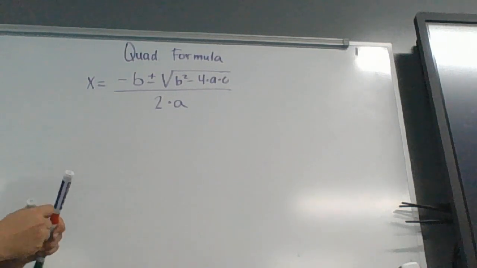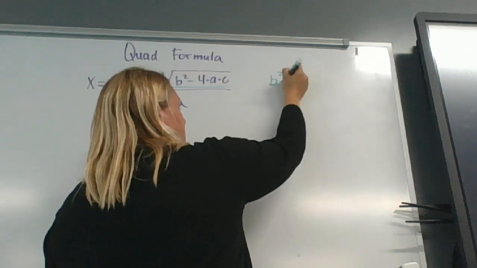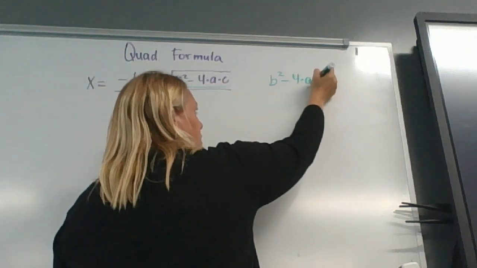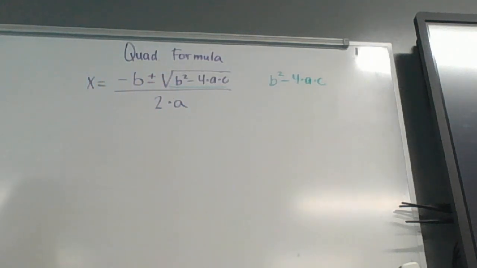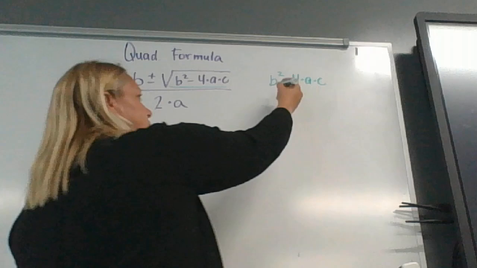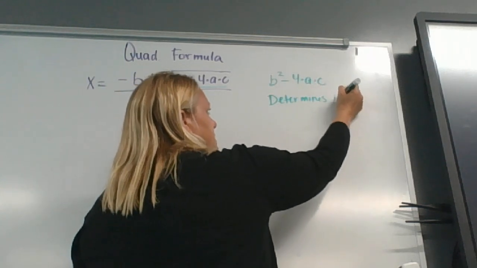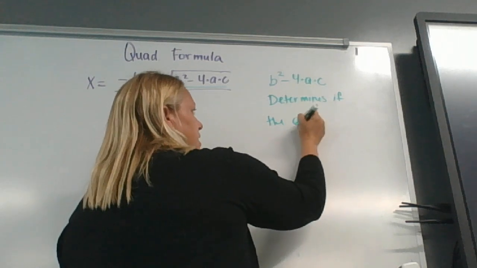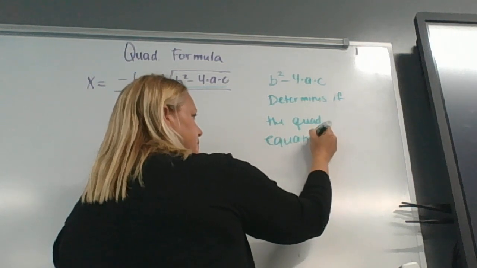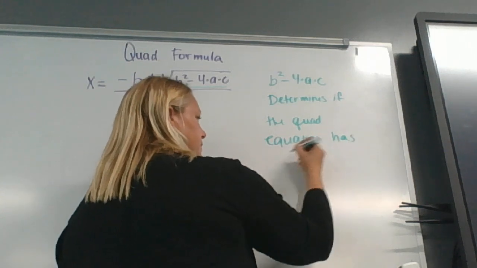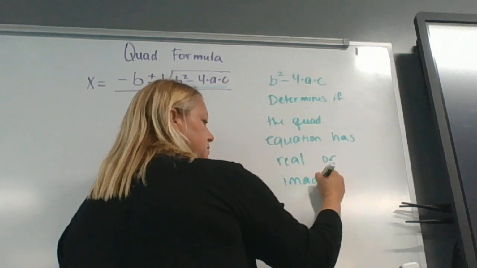This square root bar. Okay. This little bit under here, b squared minus 4 times a times c. The mathematicians really consider it kind of the most important part. This part, this is the answer to number 2, determines if the quadratic equation has real or imaginary solutions.